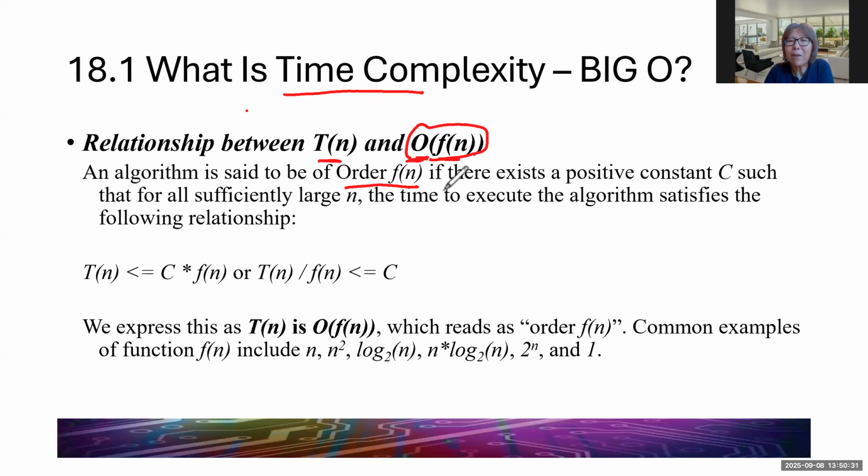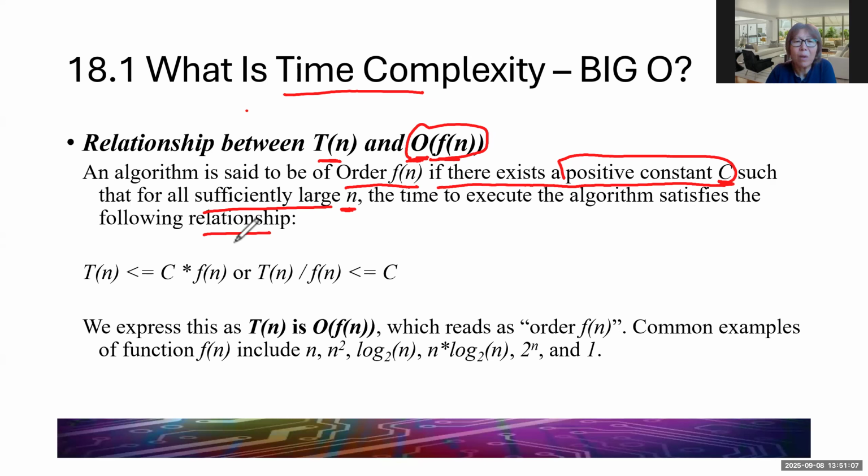If it can be expressed as order Fn, then there exists a positive constant C, so that for all sufficiently large n, for the input n, the time to execute the algorithm meets the following relationship.